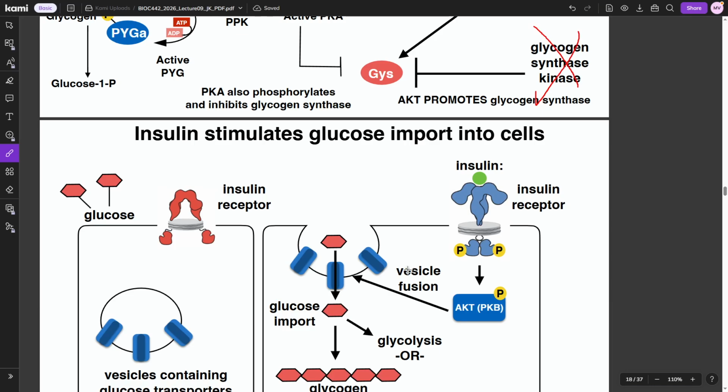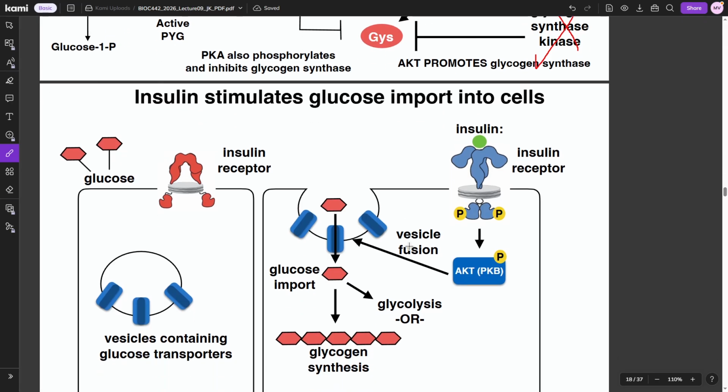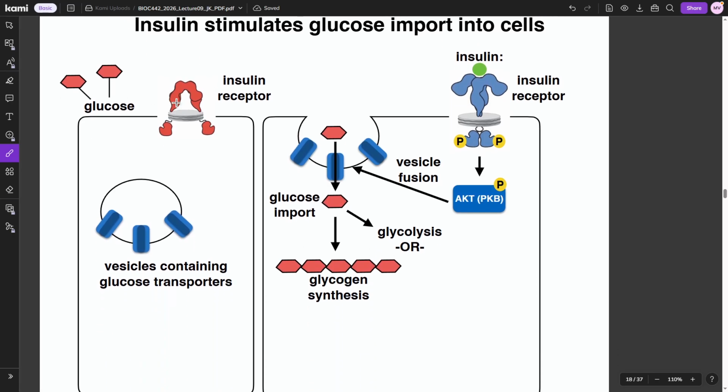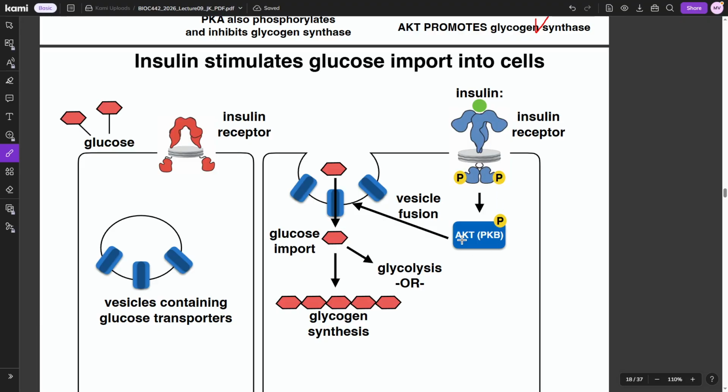And another thing that insulin does is it stimulates glucose import into the cells. So under normal conditions, when no insulin is bound, glucose is just sitting around and nothing's going on. But when insulin binds these receptors and does the signal cascade, protein kinase B promotes vesicles that contain glucose transporters to fuse to the membrane.